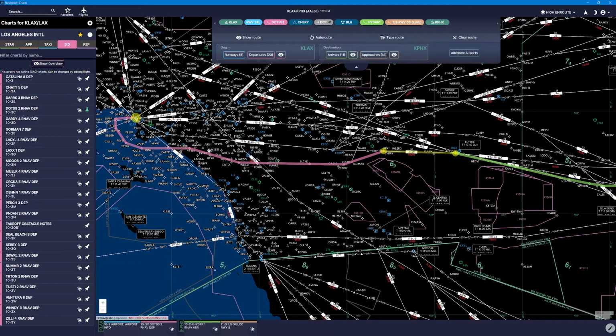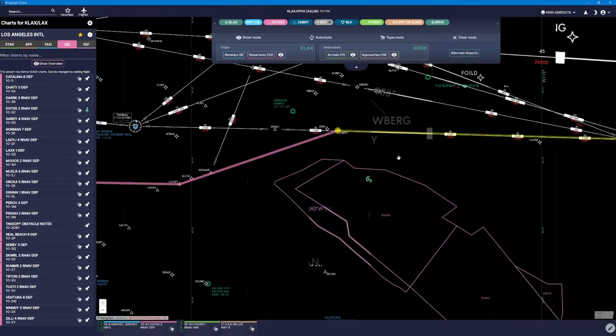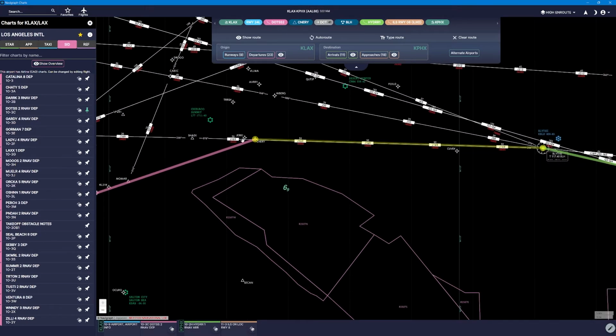Coming along, and somewhere around here is the DOTS VOR or waypoint, and you're flying along, and then you swing up to hit Connery. There's Connery right there. Boom. Once you hit Connery, or Scenery, you're now off of the departure.